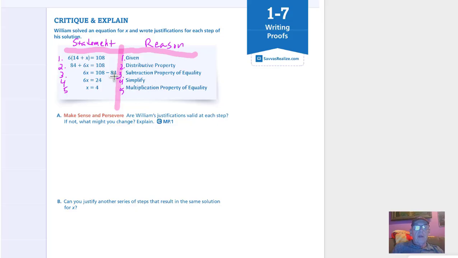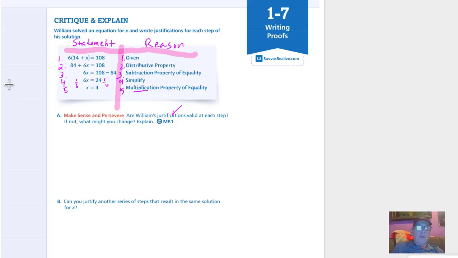Then he simplified: 108 take away 84 is 24. And then he multiplied both sides by 1 over 6, and 24 over 6 comes out to be 4. So that's pretty much the process that he used, and it looks like his justifications are valid. So nothing to change there.